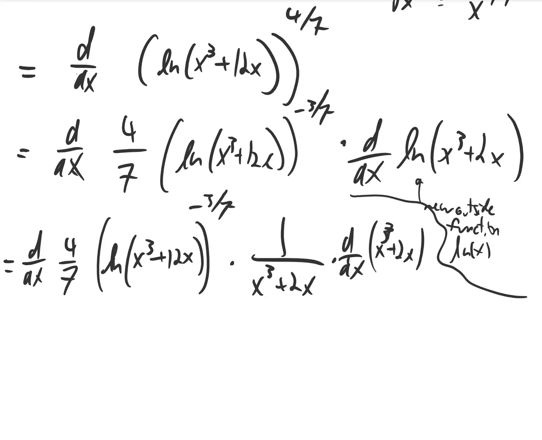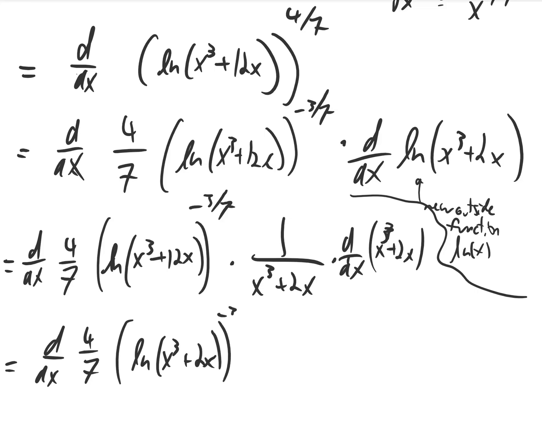All right, but thankfully this one's easy because it's just the derivative of a polynomial. So then that's times 3x squared plus 2. And there's our derivative.